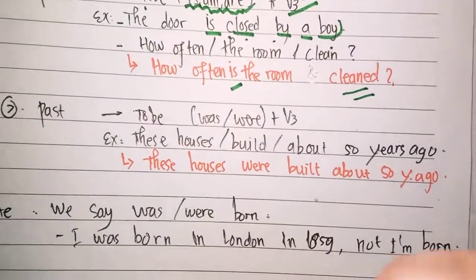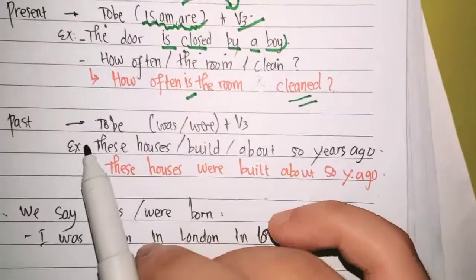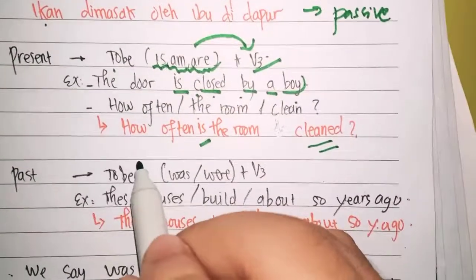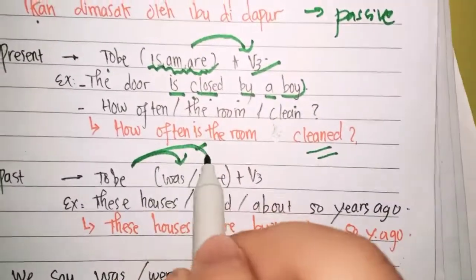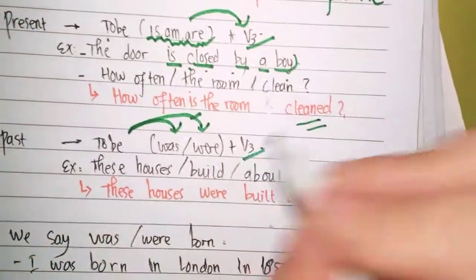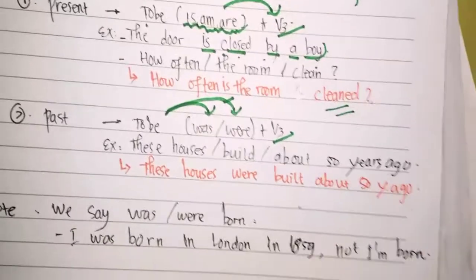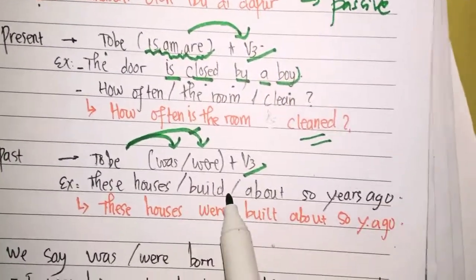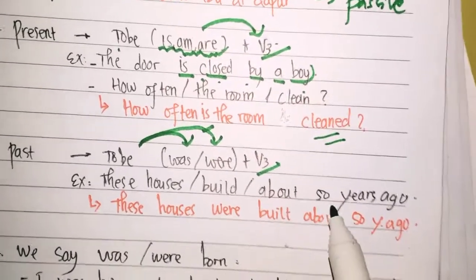What happened to past? Past, you also need to plus to be. Kalian di past juga letakkan to be, tapi the to be is completely different. The to be of past tense is was and were, plus verb 3. Sama kayak tadi saya bilang, semua verb harus verb 3. Example, these houses built about 50 years ago.